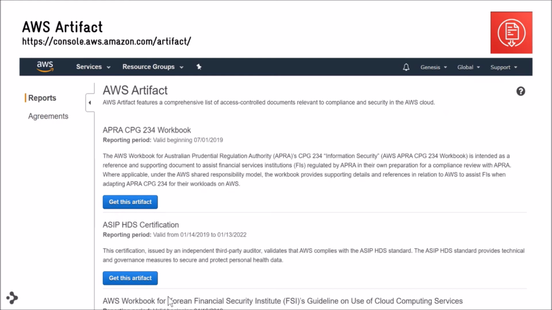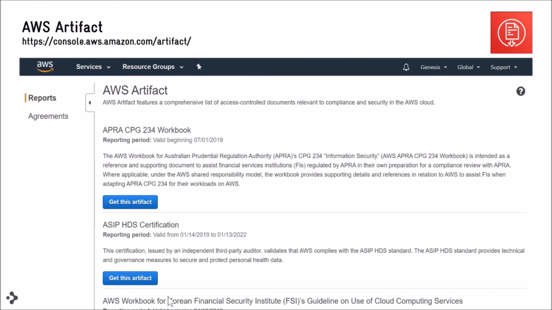SOC 2 is the System and Organization Controls 2 report that provides customers and users with a business need with an independent assessment of the AWS control environment relevant to system security, availability, and confidentiality.